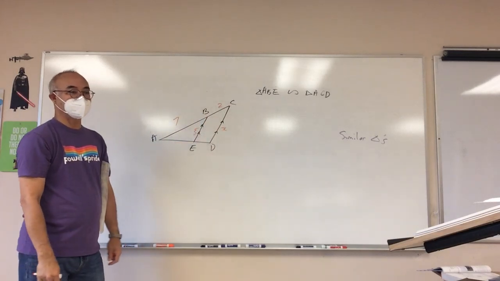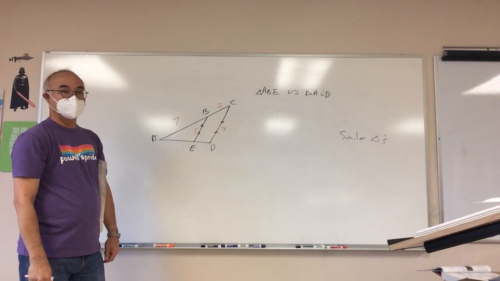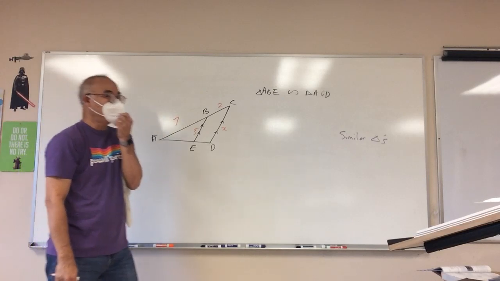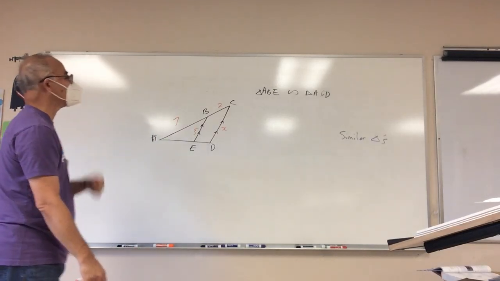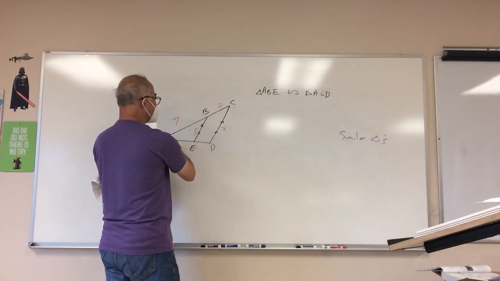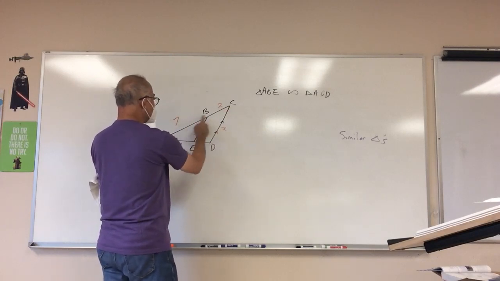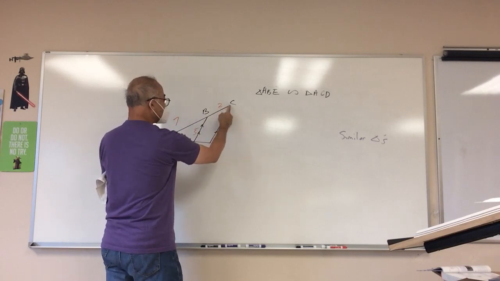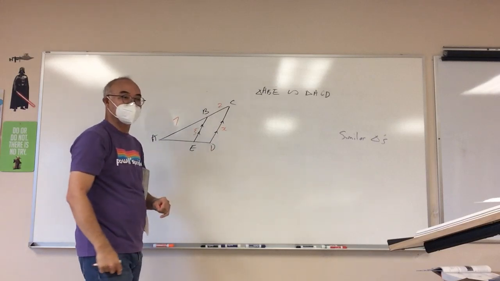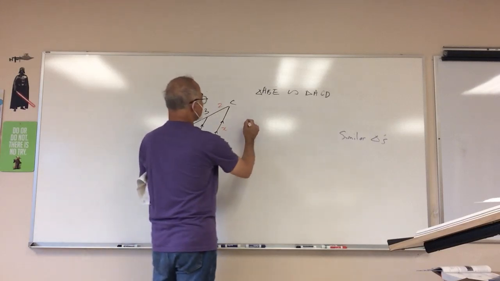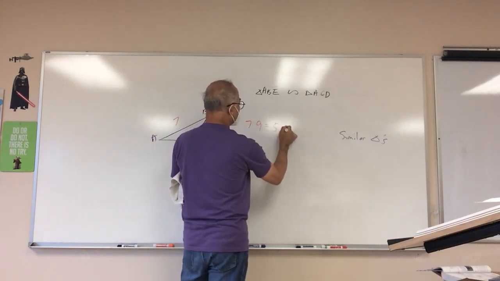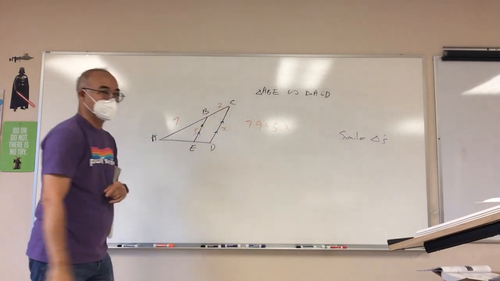Oh, okay. Probably like 6, 7. Guessing here? Yeah. Okay. So this triangle and this triangle are similar. So this to this would be this to this. Can you see that? Right. 7 to 9 would be 5 to x. Right?